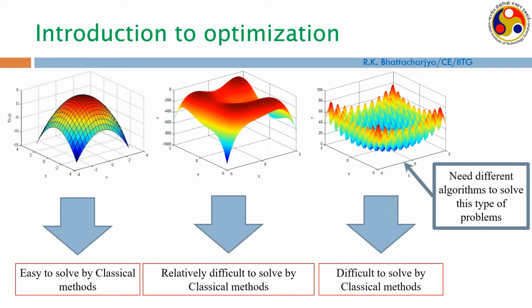The first one is easy to solve by the classical method. The second is relatively difficult, but still you can apply the classical method, and with some iteration you will probably get the solution. But the third one is difficult by the classical method, so you need a different algorithm to solve this type of problem.